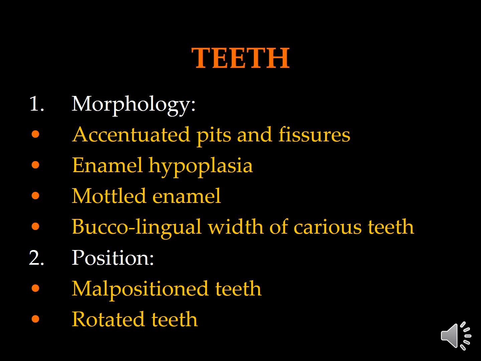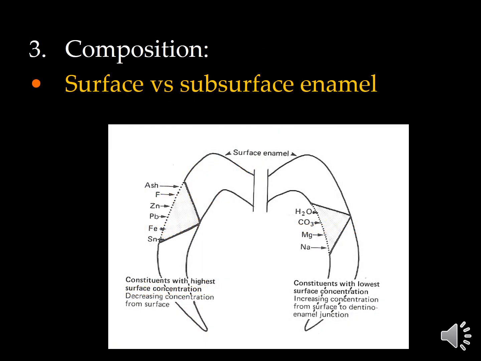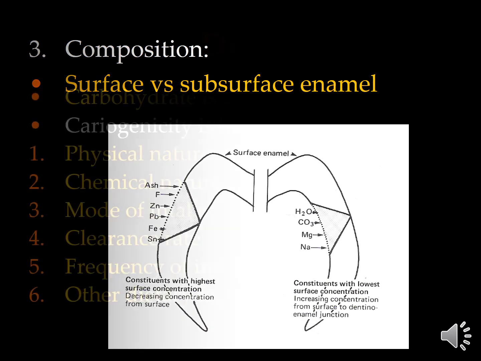In the morphology of the teeth, the pits and fissures are more prone to caries. Teeth with enamel hypoplasia are more prone to dental caries, as are teeth with mottled enamel and white buccolingual caries. Malpositioned and rotated teeth are more prone to caries. Coming to the composition, the surface enamel is more resistant to carious lesions compared to the subsurface enamel.